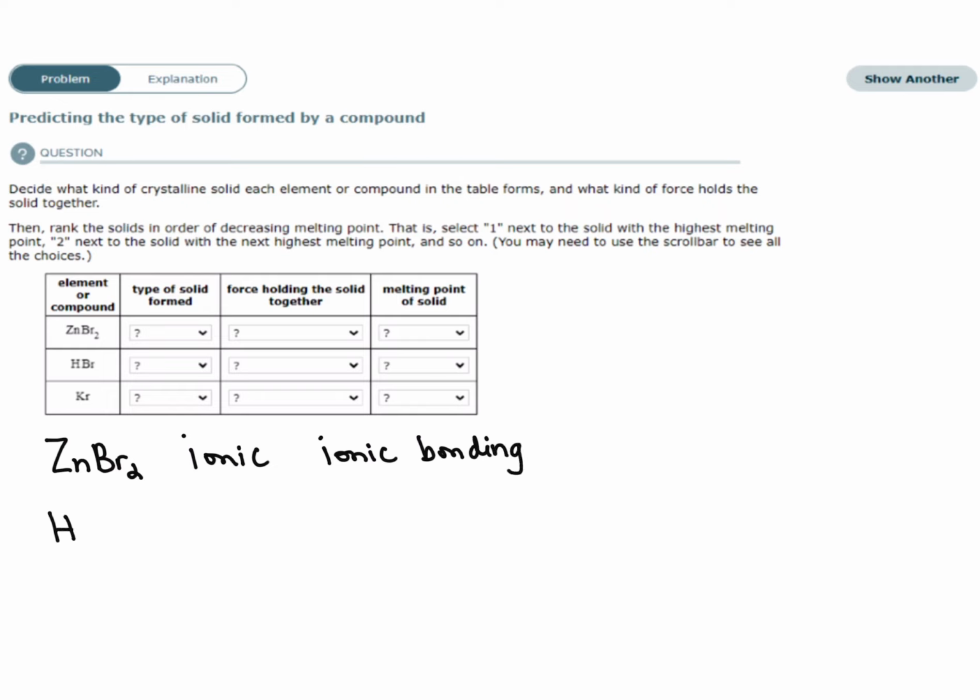We have HBr, so 2 nonmetals coming together, so this is considered a molecular solid. Molecular solids are held together by intermolecular forces, so we have to be a little bit more specific. So this is a polar molecule, so it's held together by dipole-dipole forces.